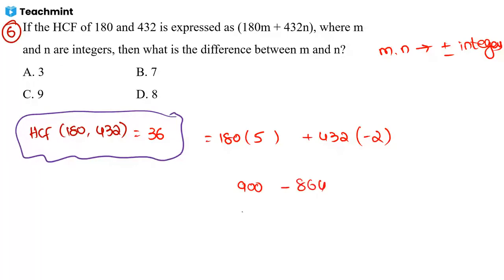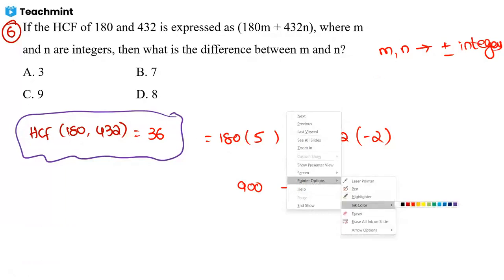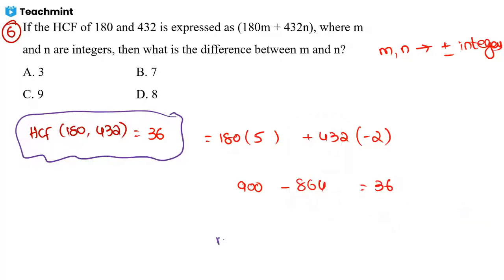Yes, we got 36, right? See, there are a lot of things here. They mentioned integers, they didn't mention negative, so the problem arose. Now m is 5, n is minus 2. The difference of m and n is 7.